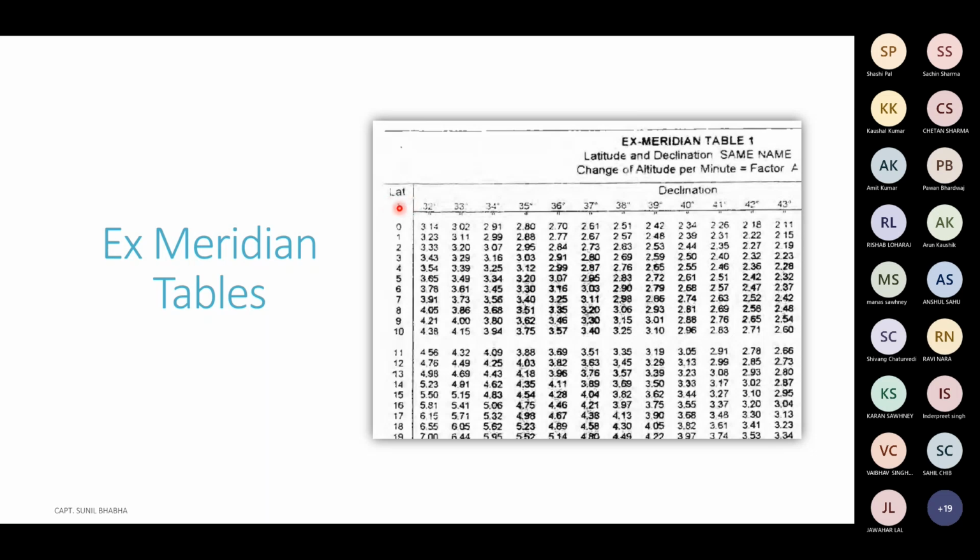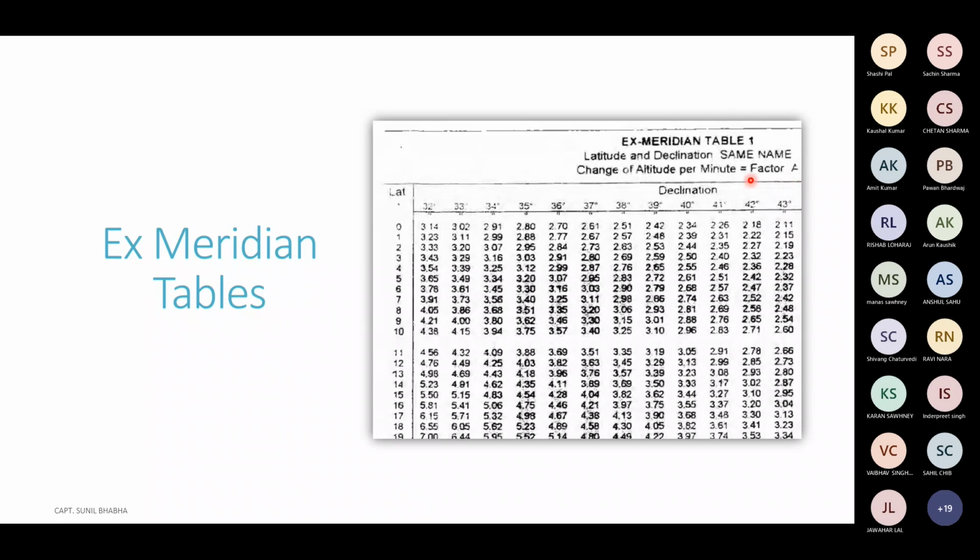So this table is entered using the latitude of the observer and the declination of the body. Now let's assume that the declination was 40 degrees and the latitude was 10 degrees. So 10 degrees latitude and 40 degrees declination, the table gives us a value of 2.96.